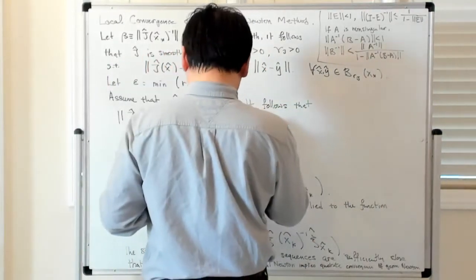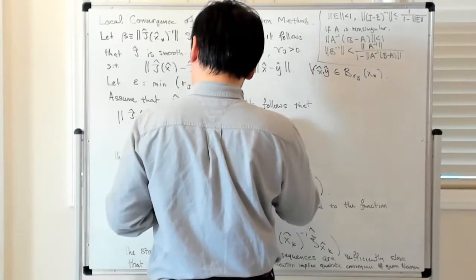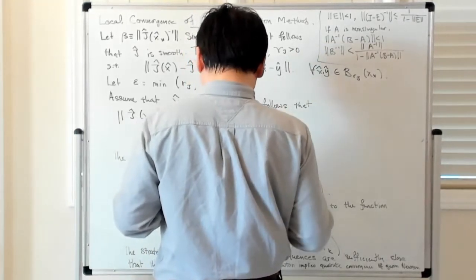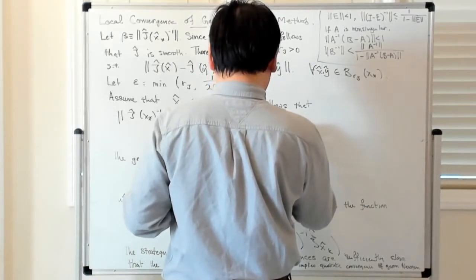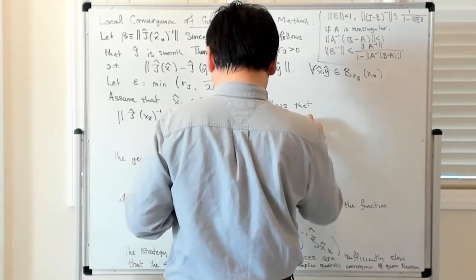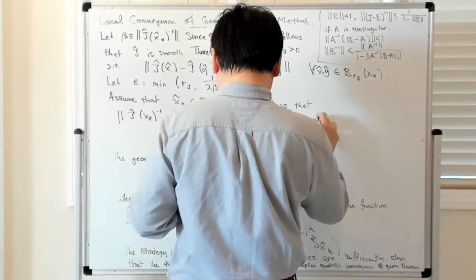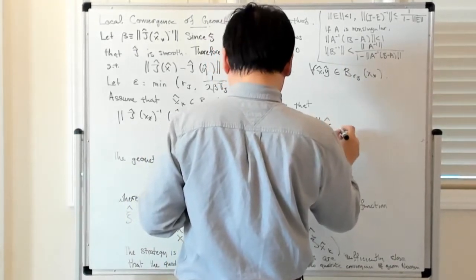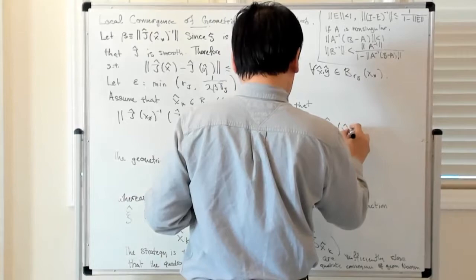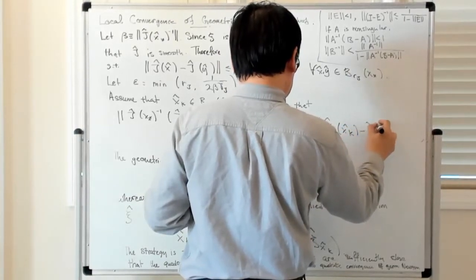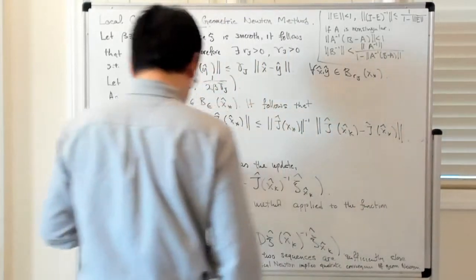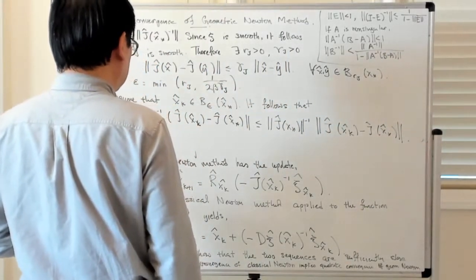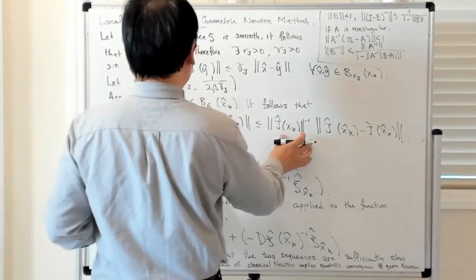So this is less than or equal to the norm of J hat x star inverse times J hat x_k hat minus J hat x star hat. But we have an estimate for this.